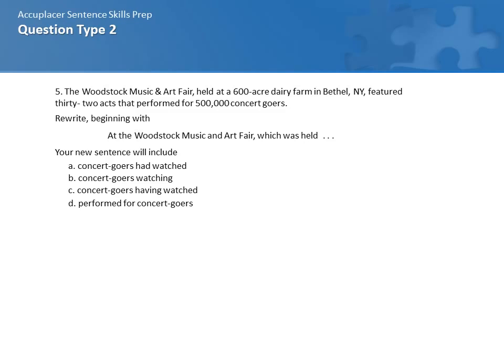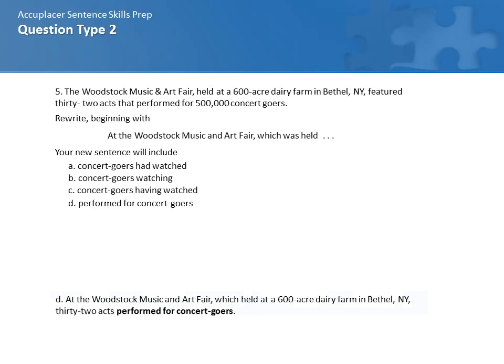So we need to choose the one of the 4 options that would be included in the sentence. And the options are: the concert goers had watched, concert goers watching, concert goers having watched, and performed for concert goers. And it looks like the best option here would be D, performed for concert goers.